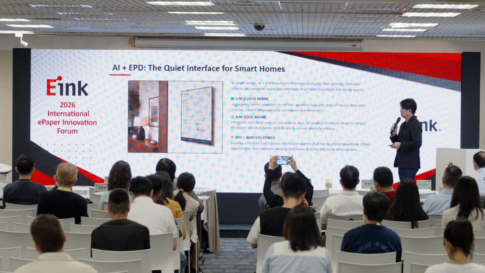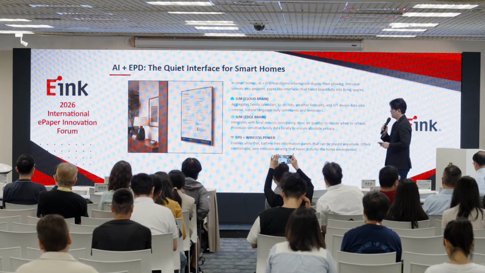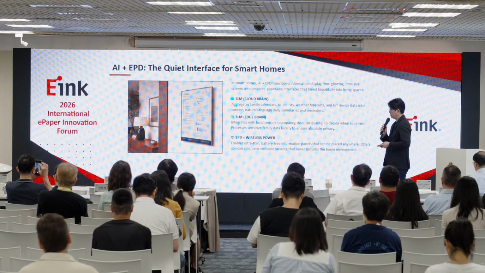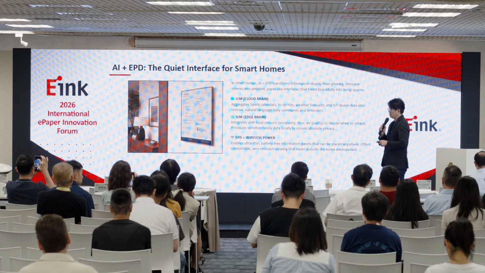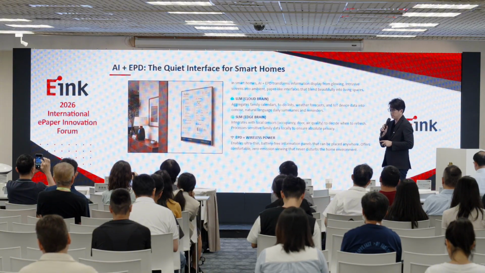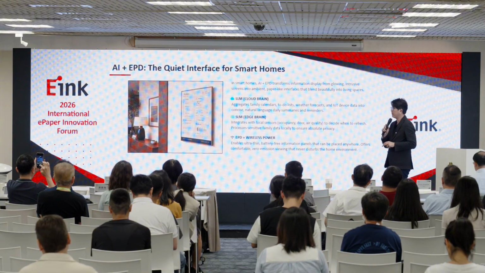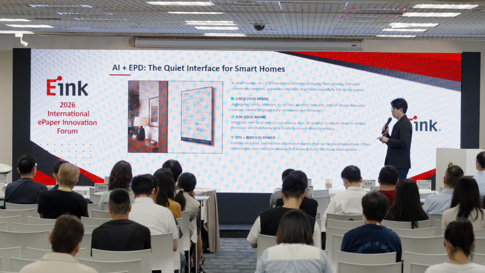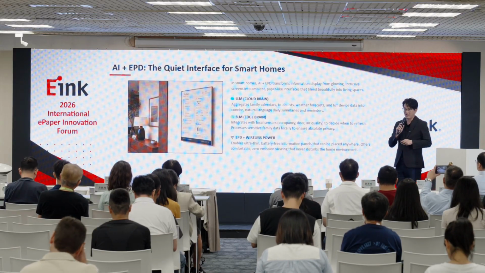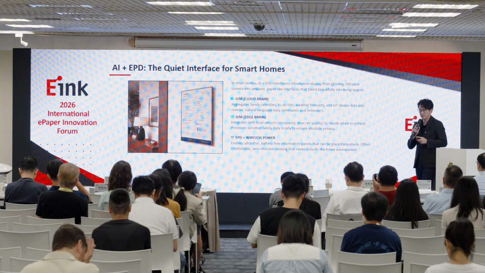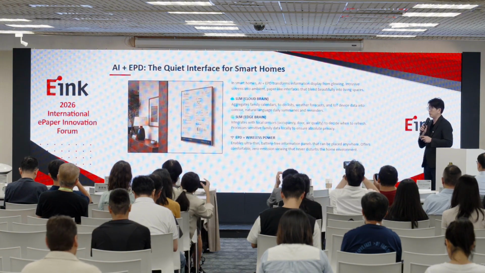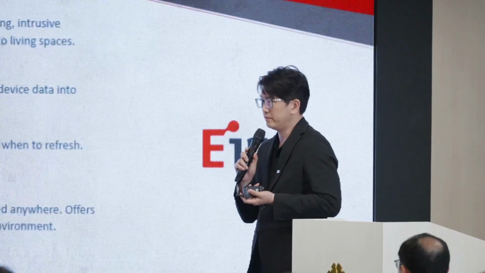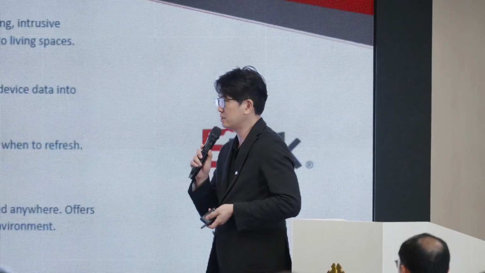And for smart homes, sometimes you can put a lot of LCD or LED in the house, but honestly, it's too bright and doesn't make you very comfortable. That's why more and more of our partners use ePaper as a digital footprint or art frame, because our display is a reflective type with no light pollution.